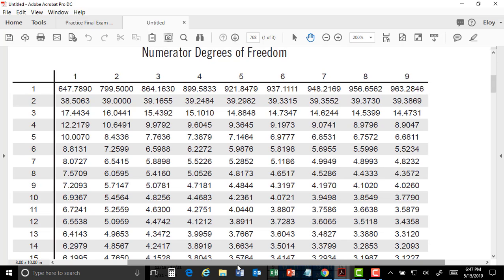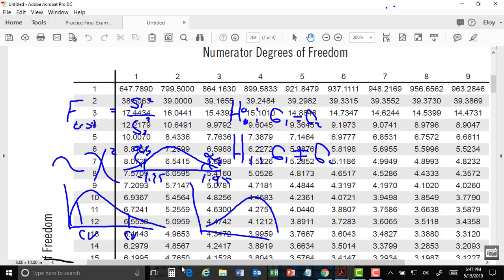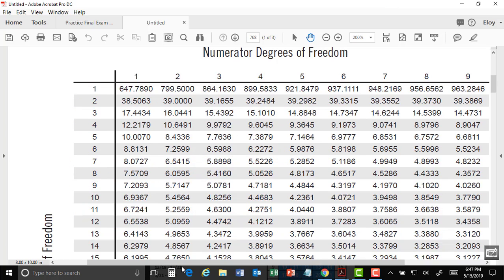So N1 is 9, so it's 8. Okay, so we're okay. So now I want 8, and I want 6. Yeah, so I've got 6, yes? And then I want 8. Aha! Okay, so I want 6, and then I want 8.